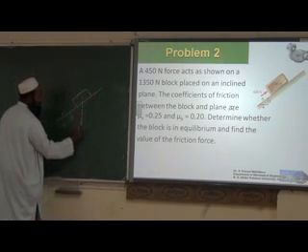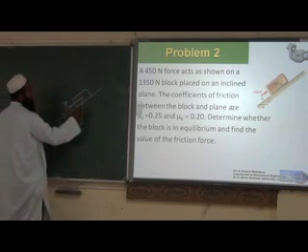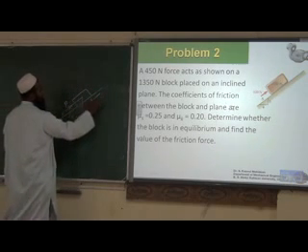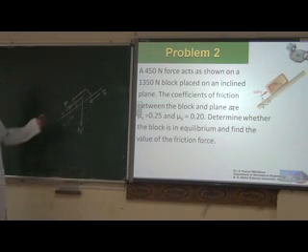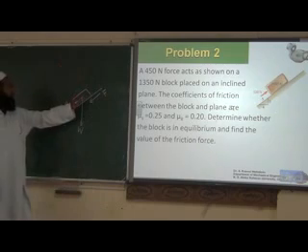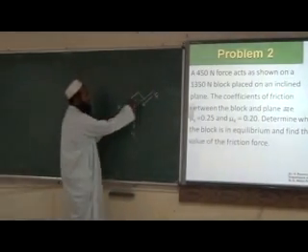Weight will act like this, W. Friction will be acting like this. You have to resolve all the forces parallel and perpendicular to the inclination.